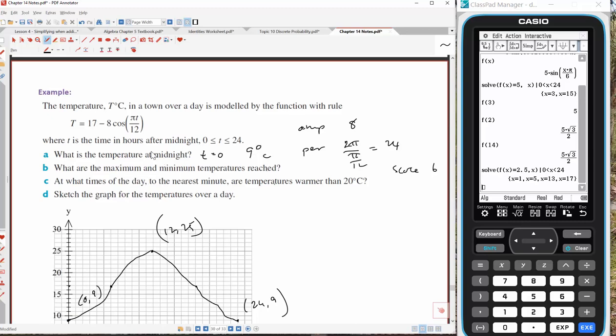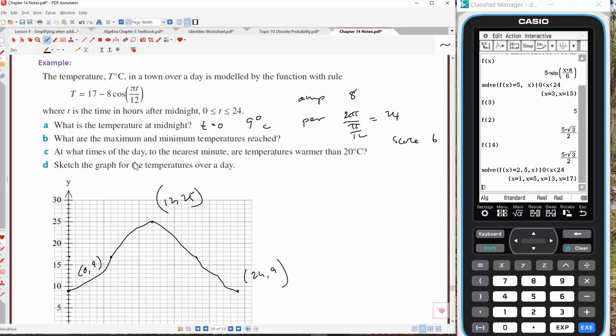What are the maximum and minimum temperatures reached? Min is 9 degrees, max is 25 degrees. At what times of the day, to the nearest minute, are temperatures warmer than 20 degrees? So there and there are my two values.